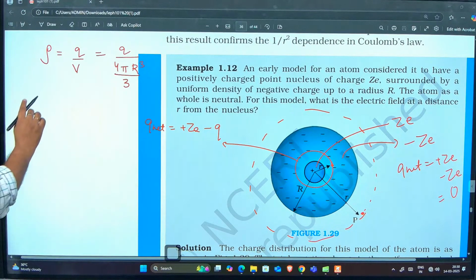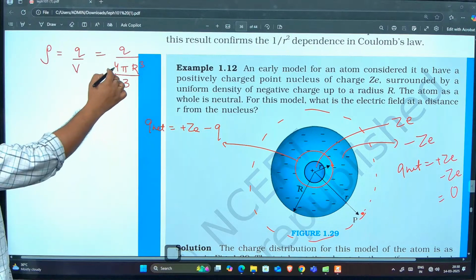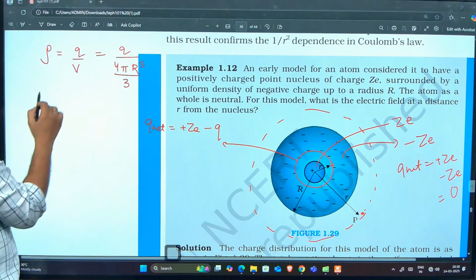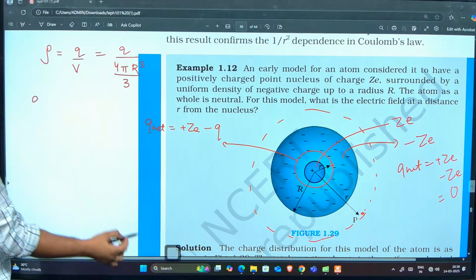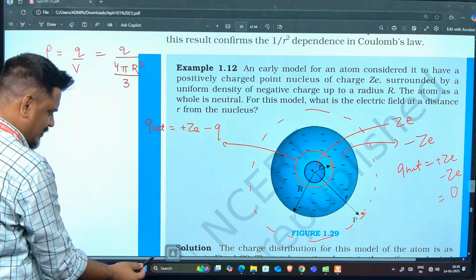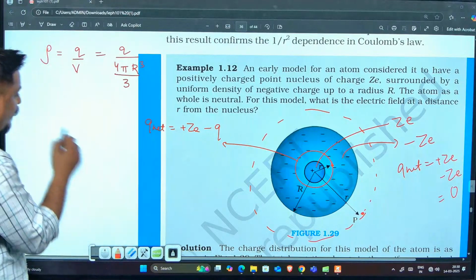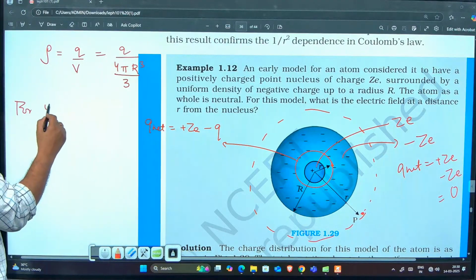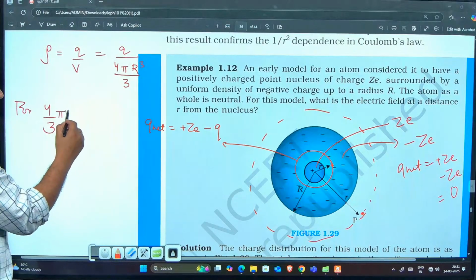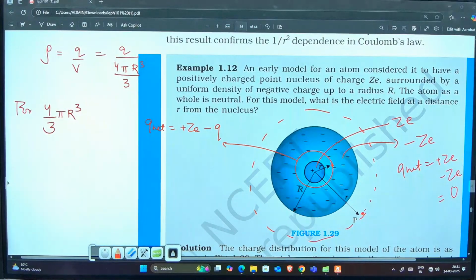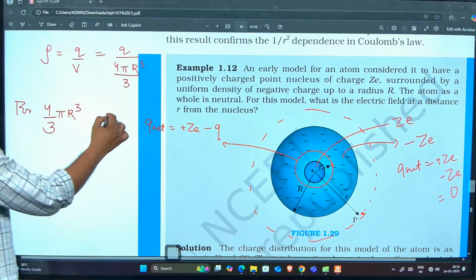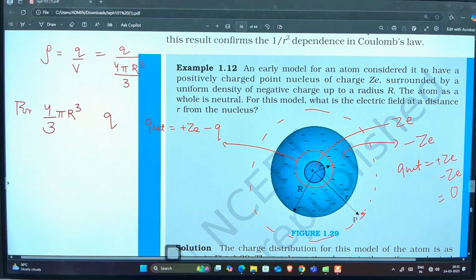Now, can I say that this charge Q, I will use an easy way, not to complicate things. For 4 by 3 pi R cube, the charge is Q. Unitary method.